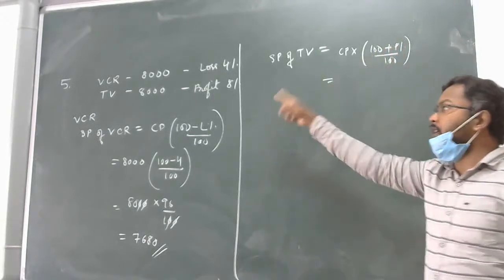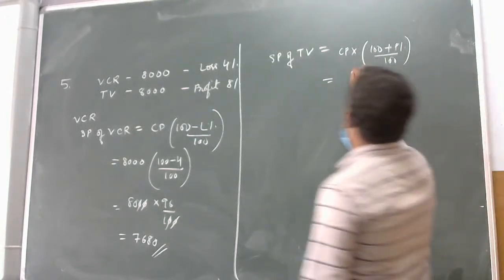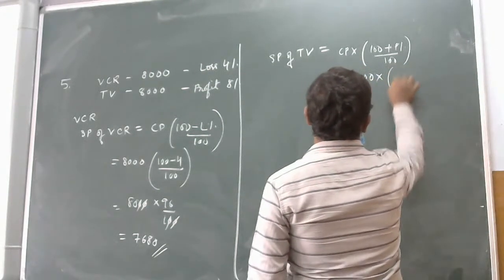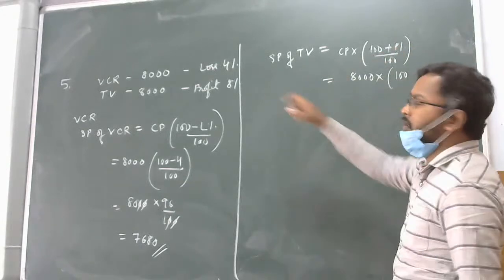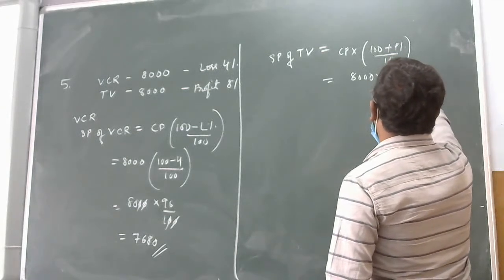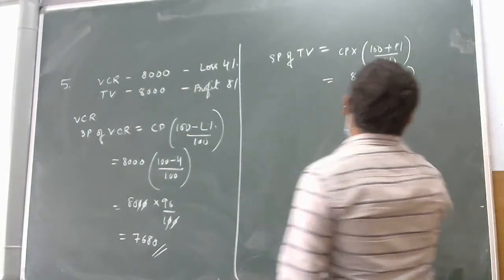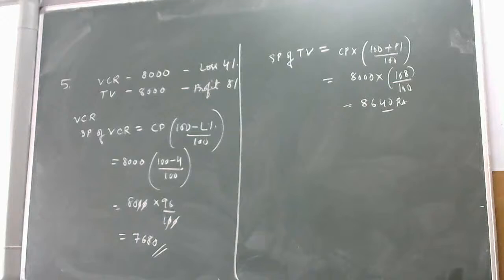Since we have profit, there you have to take the profit percentage. 8,000 into 108, since 100 plus profit percentage is 108, divided by 100, gives 8,640 rupees. Now the total cost price of both TV and VCR is 8 plus 8, that is 16,000.